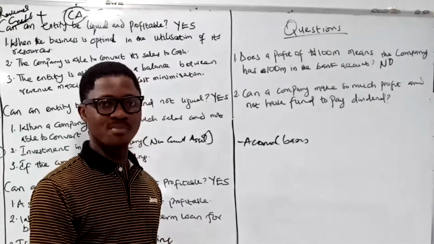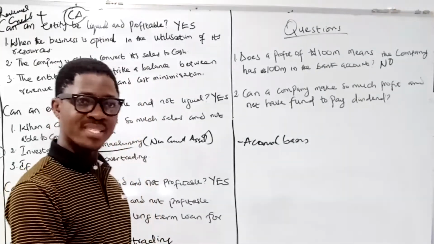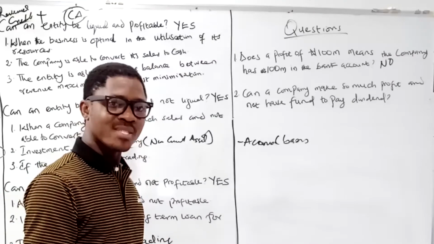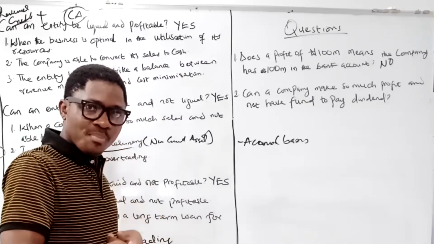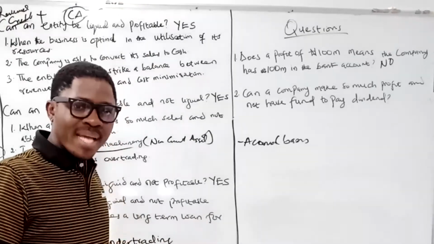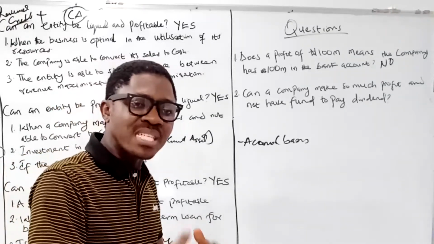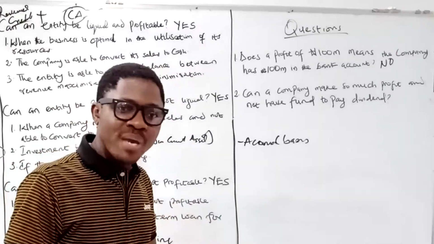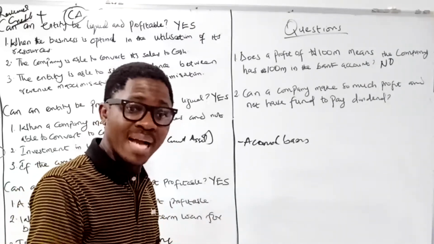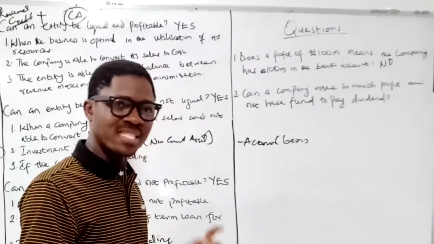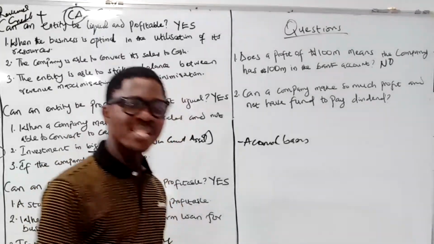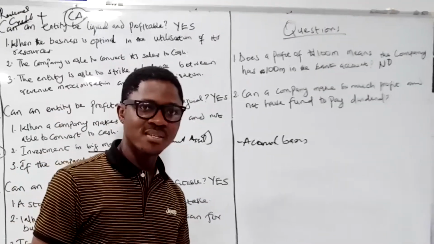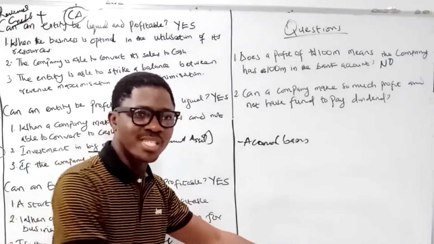What does this mean? When revenue is earned, it doesn't necessarily mean that cash has been received. And when expenses are incurred, it does not necessarily mean that payment has been made or cash has been paid. This simply means that when revenue is earned, it will be recorded, but it doesn't translate to cash.